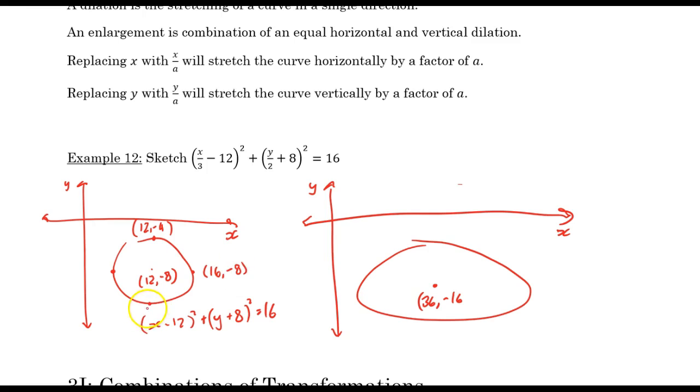The minimum that this relation is going to reach will be (12, negative 12), and the furthest it reaches to the left will be (8, negative 8). Okay, that's where my circle sat on the number plane.